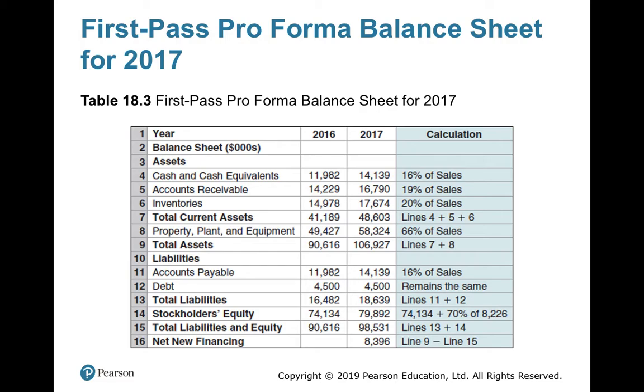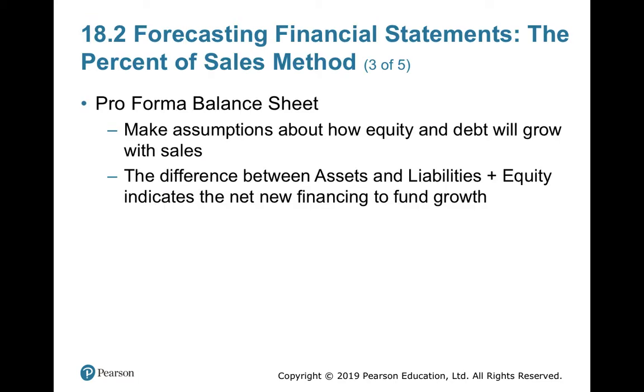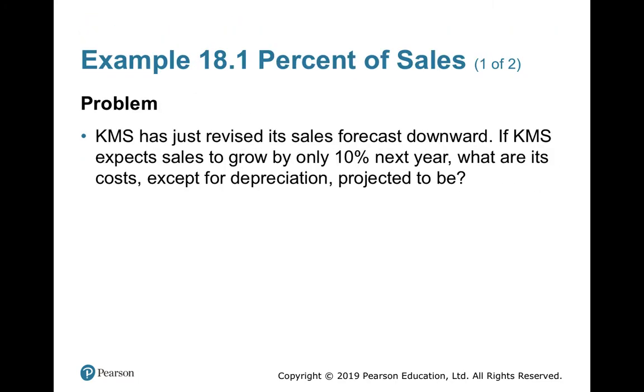2016 is 4,500. 2017 also we will keep constant at 4,500. Total liability calculated. Stockholder equity is the original 2016 stockholder equity plus 70% of the net income of 2017. 30% is paid as dividend.